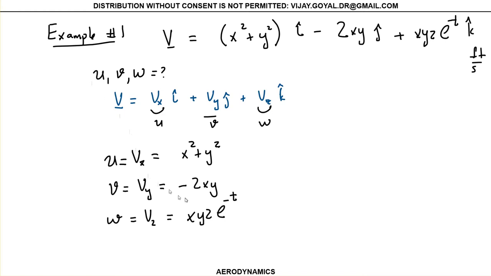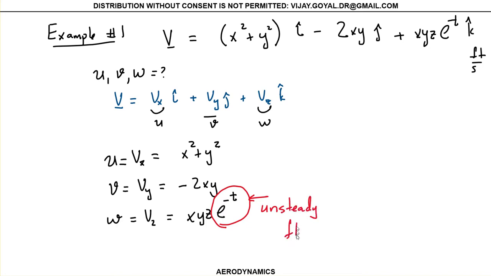But just note one thing. This is not a 2, it's a z, just in case. The problem has an explicit function of time. This explicit function of time makes my problem an unsteady flow.